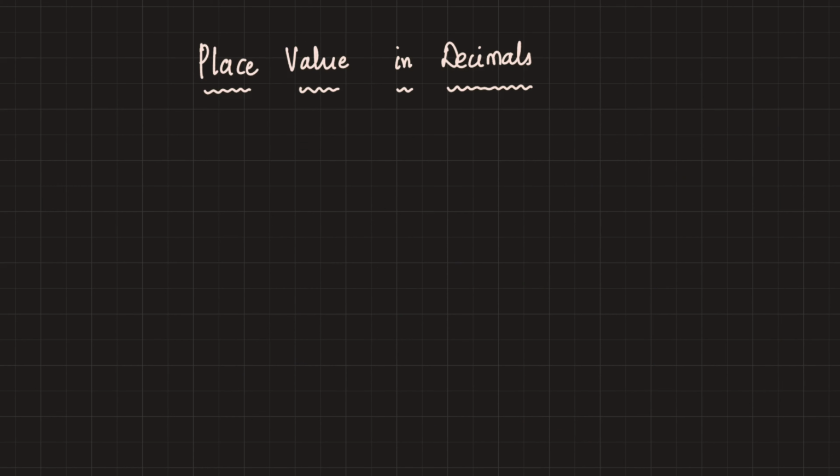Now let us see place value in decimals. We are already familiar with place value in whole numbers. In this case, we have units place, then we have tens place, hundreds, etc. But for decimal numbers, the place value system would extend to the right of the decimal point.